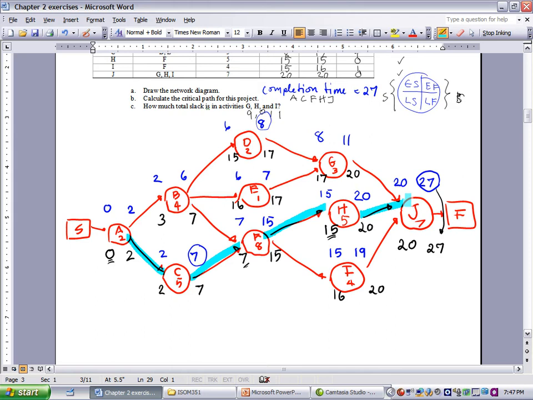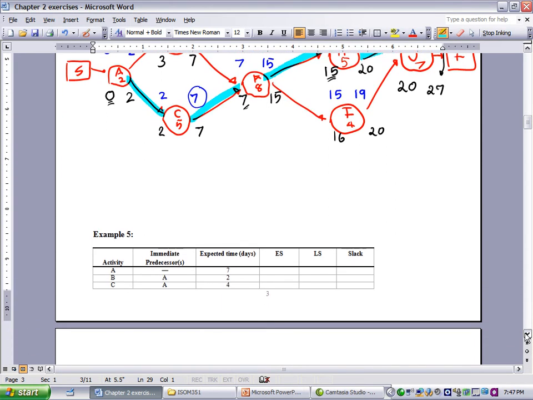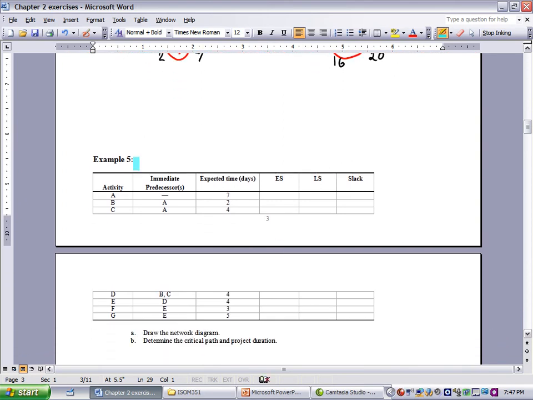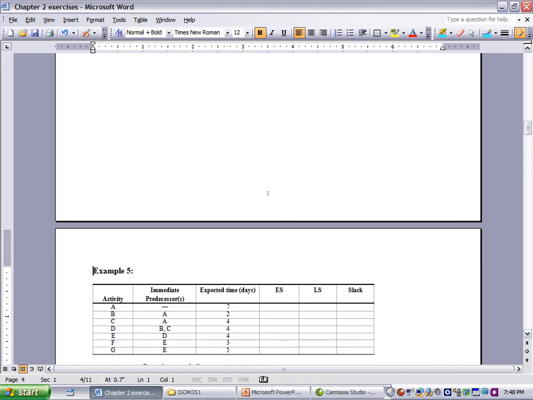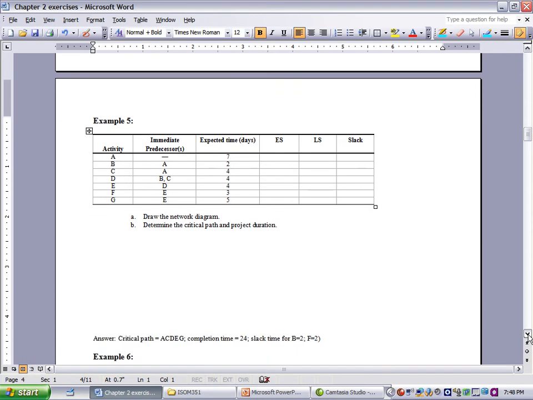Okay. Next exercise, which is exercise number 5, we are going to also experiment on these. Of course we need more space, so let me make more space. Okay, you go ahead and draw a network diagram to start.